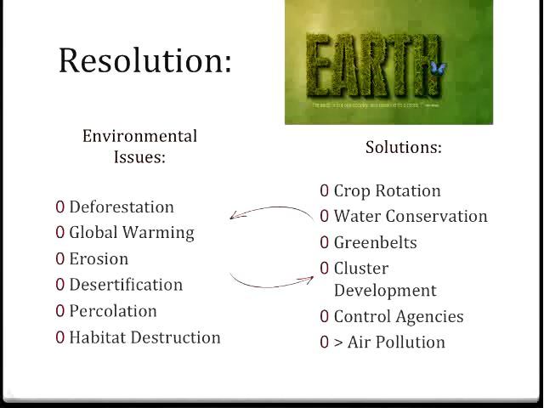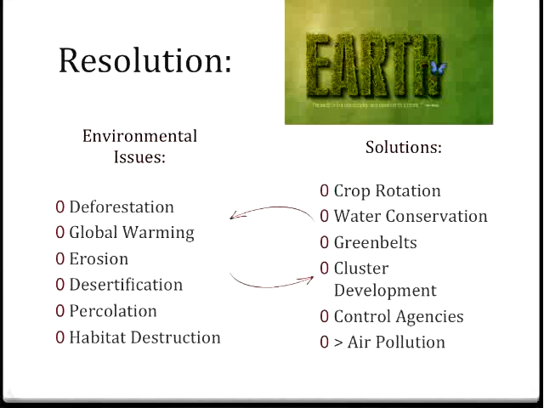We also are facing major erosion due to the amount of runoff occurring, and we're facing desertification, or making arable land not arable. And we also have a concept called percolation, and this is when the infiltration goes through and pretty much erodes and weathers the rock and minerals and gets rid of them. And then we also have habitat destruction due to deforestation.